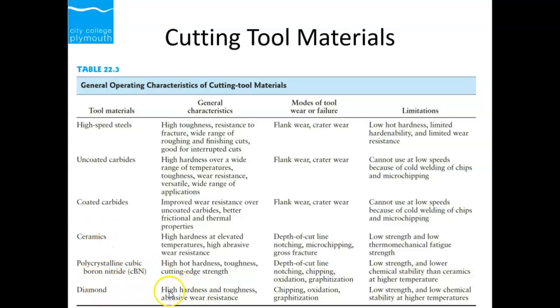Then we got the diamond, very good, but again the issue is they have low strength, and at high temperature they have less chemical stability, so they react at high temperature, so we cannot use that at high temperature.